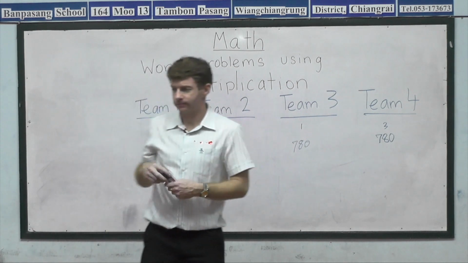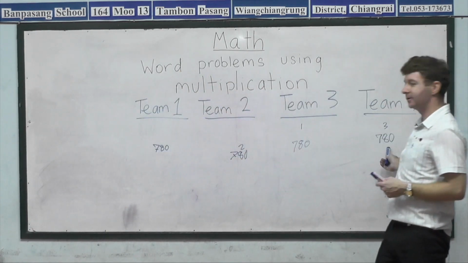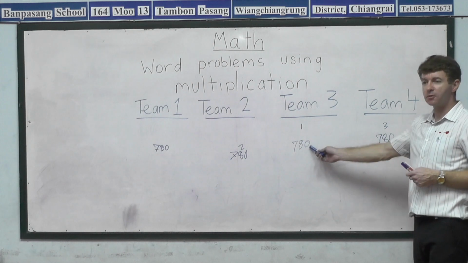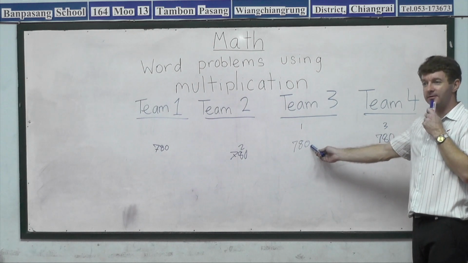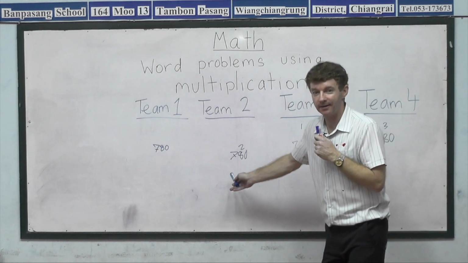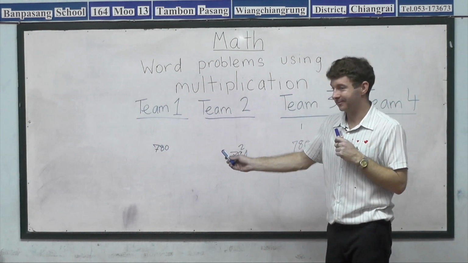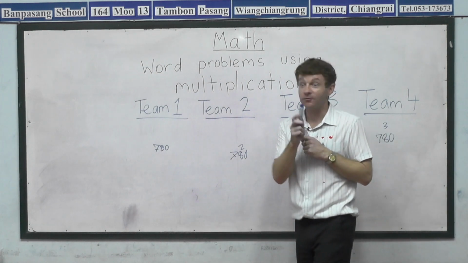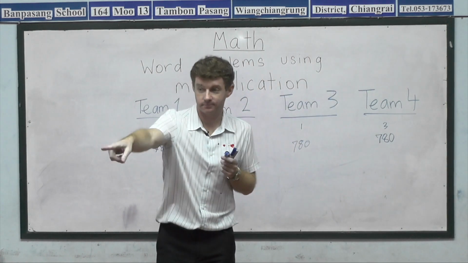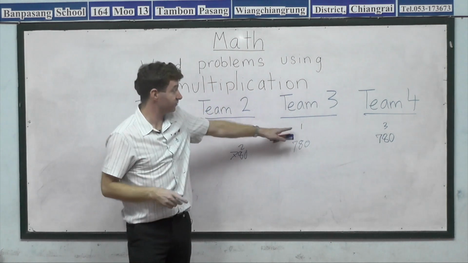Team 4, what's your answer? 780. Team 3, what's your answer? 780. Team 2? 780. Team 1? 780. Okay, so if 780 is correct, Team 3 wrote it first.